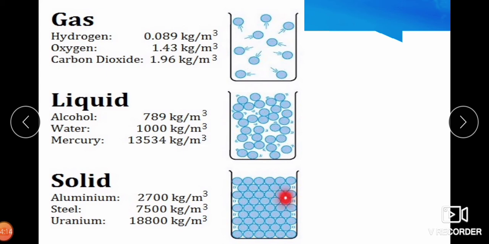If you consider a solid, like sugar, aluminium, wood, then there will be more attraction between molecules. They do not leave the container, they are close to each other, and there are more molecules than the liquid molecules, and hence the solid has more mass in the same space, that is the container.